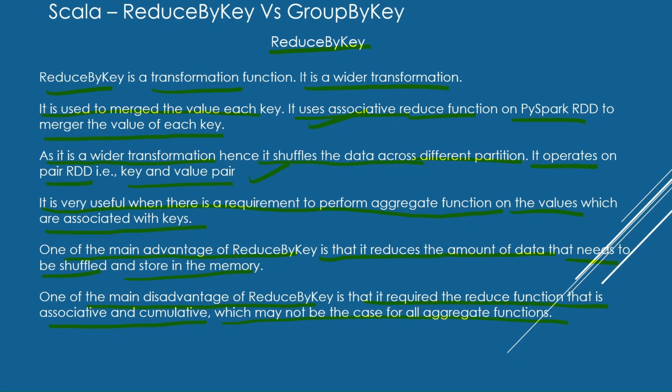But if you talk about all aggregate functions, this may not be the case. For instance, if you want to take the median or the mean, those are not associative or commutative aggregations. So in that place, reduceByKey will not perform better.